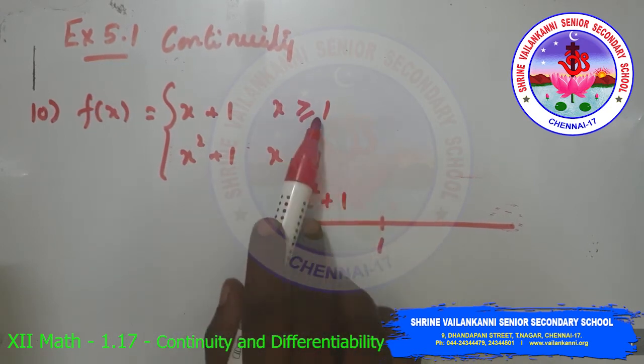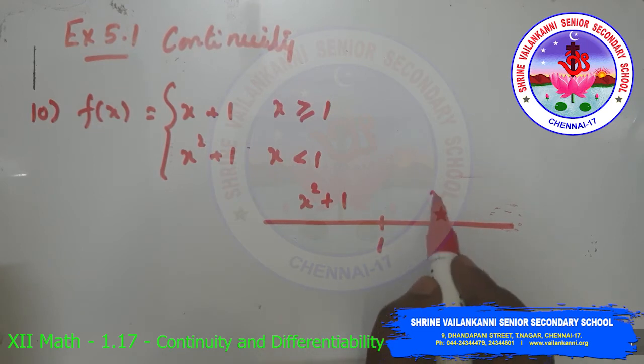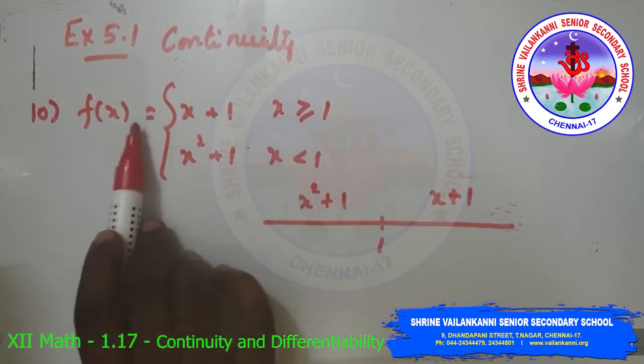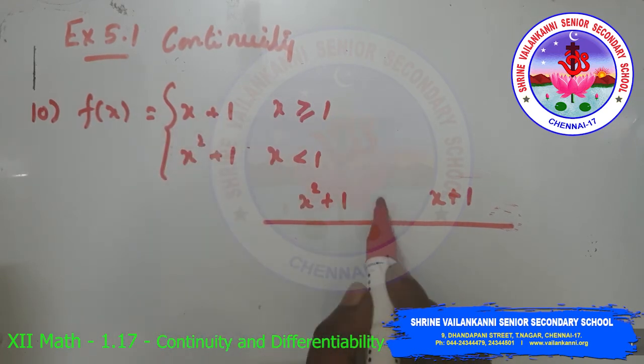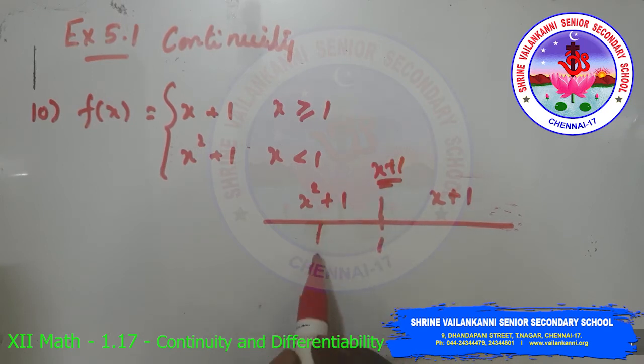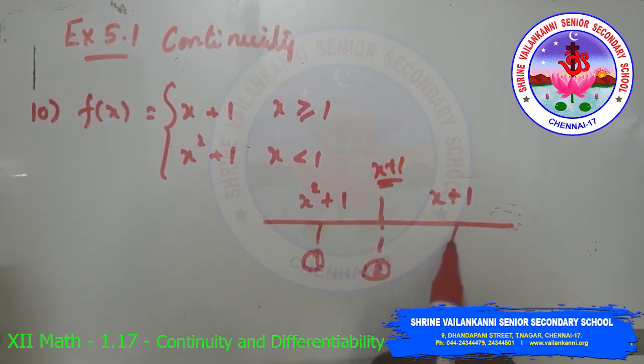When x is greater than 1, it is defined to be x plus 1. When x is equal to 1, f of x is also defined to be x plus 1. So we have to consider 3 cases in which we find the points of discontinuity.